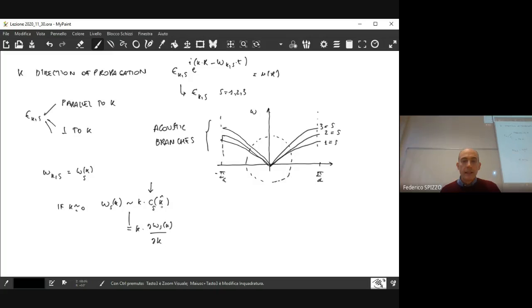So c in this representation is the speed of this perturbation, of this wave that propagates through the solid, and in the linear regime omega is proportional to k. As that resembles an acoustic wave, that is exactly the speed of the sound within the solid.